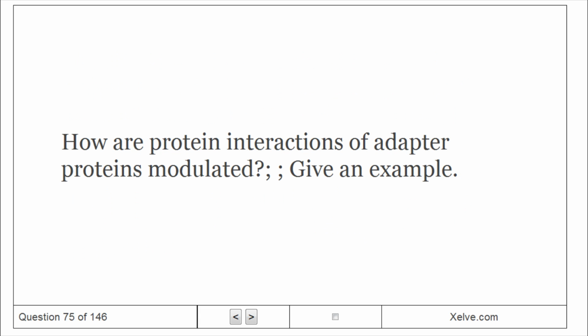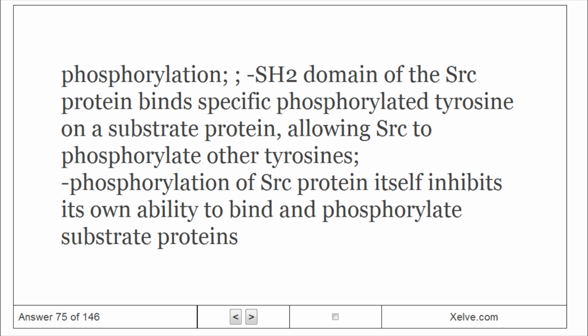How are protein interactions of adapter proteins modulated? Give an example. Phosphorylation. The SH2 domain of the SRC protein binds a specific phosphorylated tyrosine on a substrate protein, allowing SRC to phosphorylate other tyrosines.